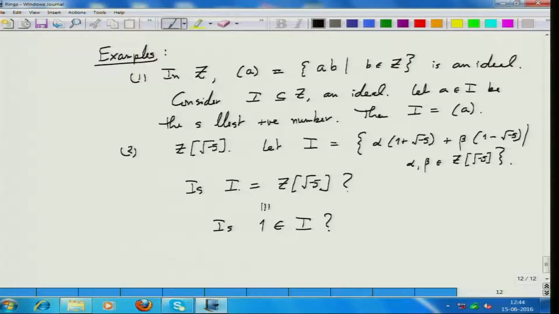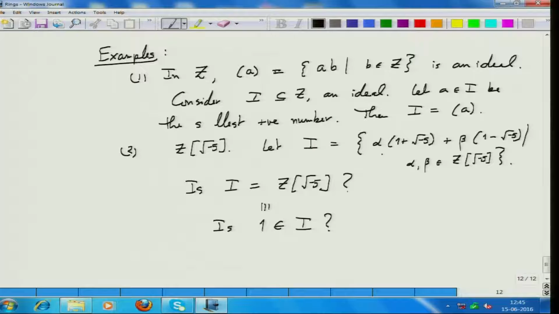Because if the ideal contains the entire ring, then of course 1 is in the ideal. If 1 is in the ideal, then all multiples of 1 are in the ideal, and all multiples of 1 are precisely the whole ring. So is 1 in this ideal I?